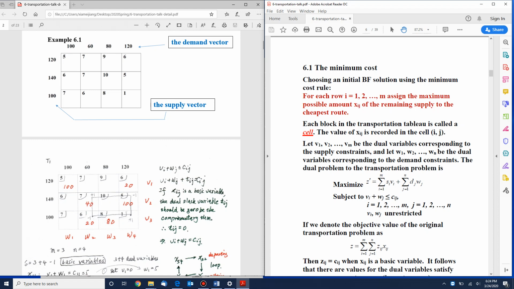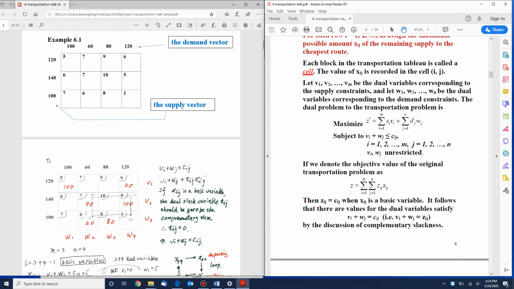And here, if we just make it more clear, we simply say that the original transportation problem z value equals the sum of cij xij. So whenever zij equals cij, that means xij is a basic variable. Otherwise, xij is a non-basic variable.